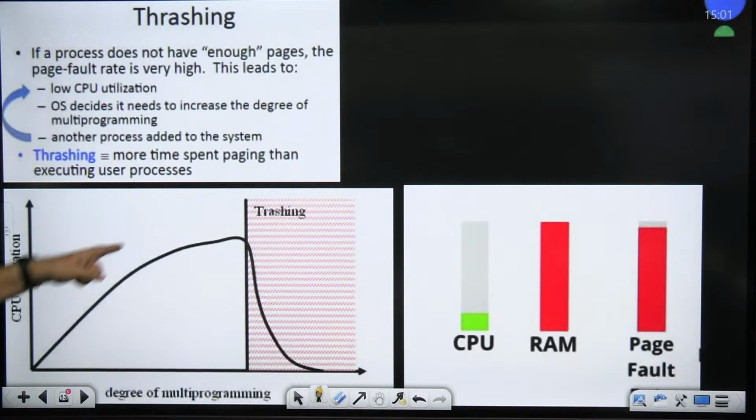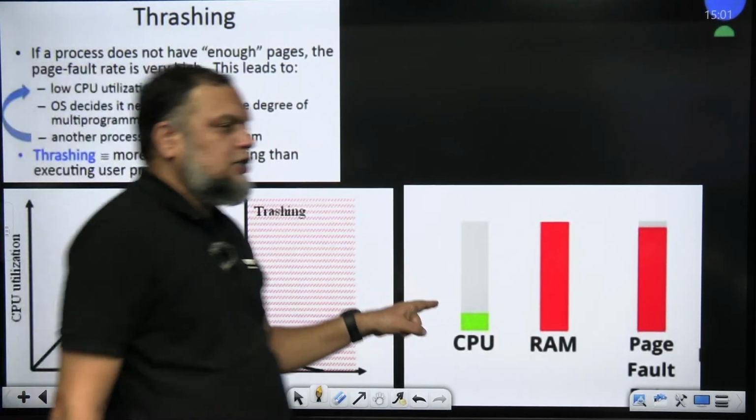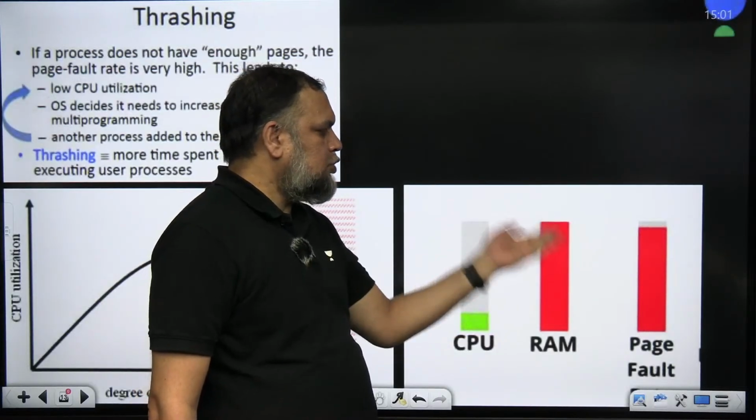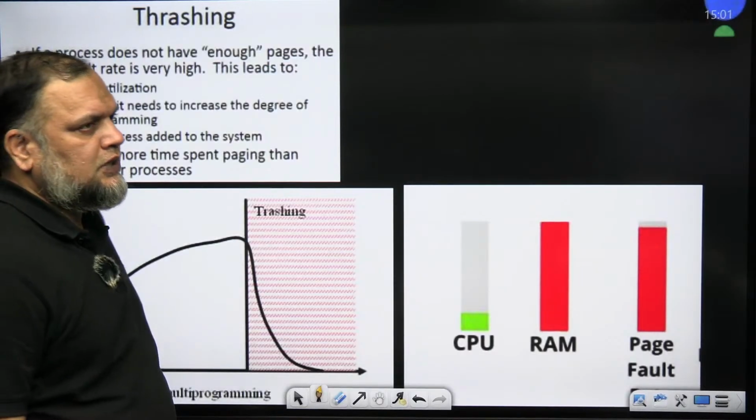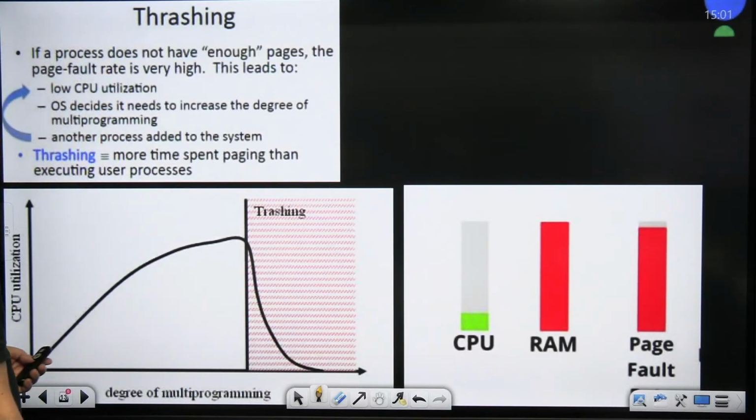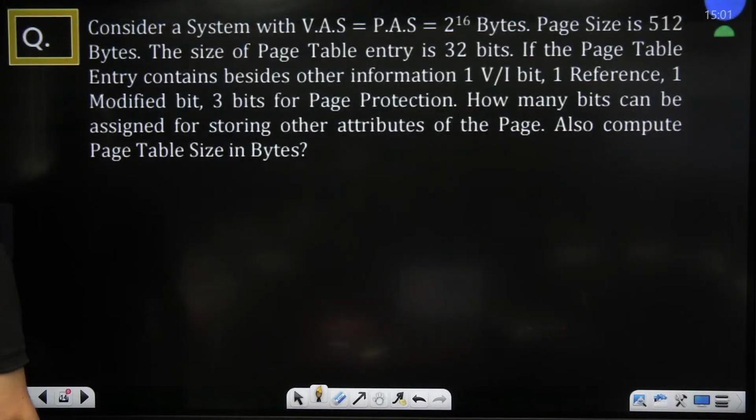So this is a phenomenon that shows thrashing state. जब thrashing होगी तो low utilization of CPU, memory utilization is superior, page fault rate is also superior. So this is an example for thrashing. ठीक है? So now the question is how to control thrashing.